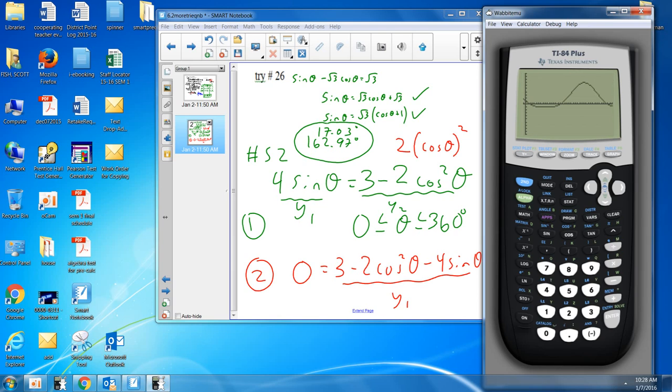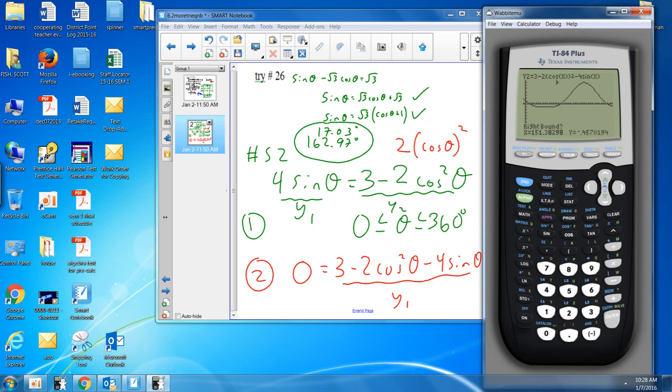To have your calculator calculate it, I'm going to hit second calculate and then go to 0 instead of intersect. 0 means where y is equal to 0. 0 is a 2. And now you're following these different commands. Left bound means left side of the intersection.